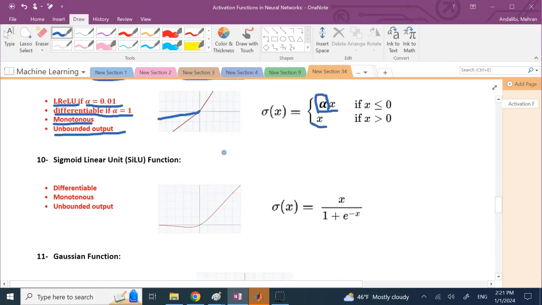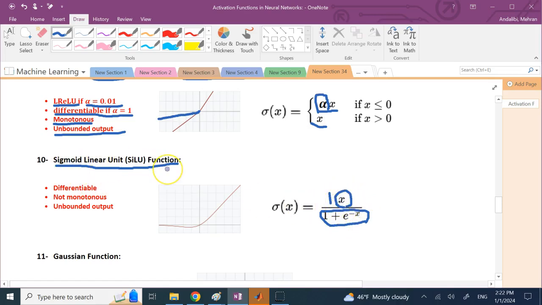Now, there is another function that we have, and this function is not monotonic. This is called the sigmoid linear unit, or SiLU function. What is this? This is like a ratio, and it looks like the sigmoid function multiplied by a linear function.